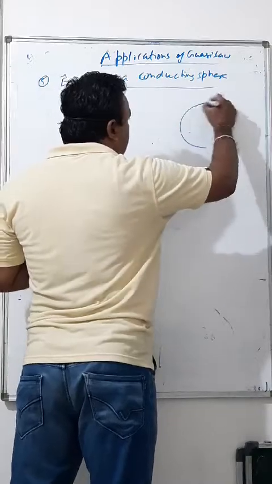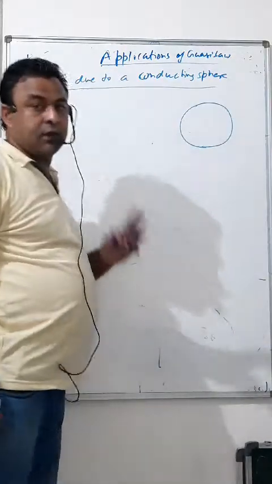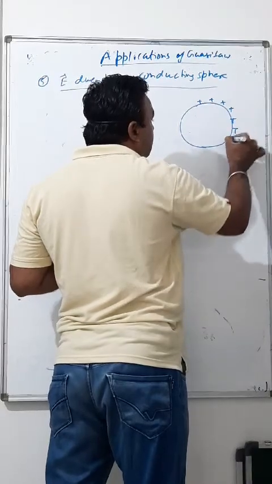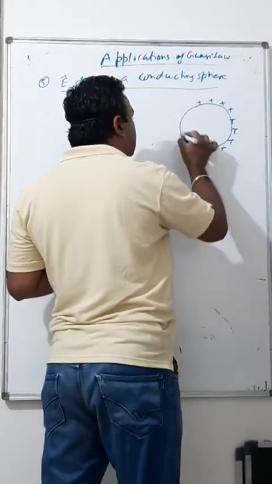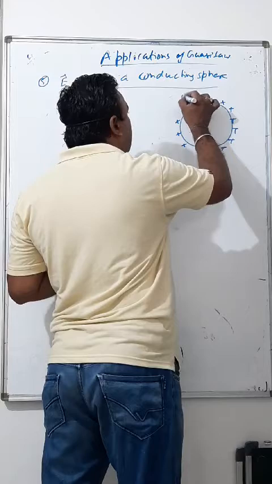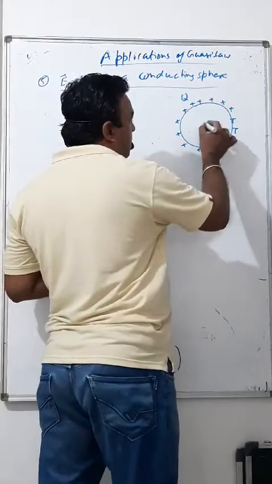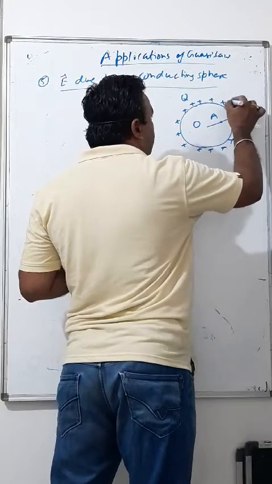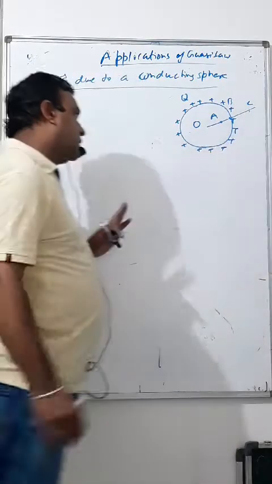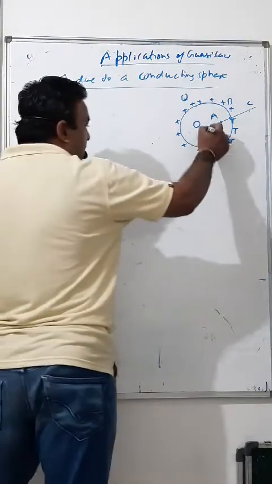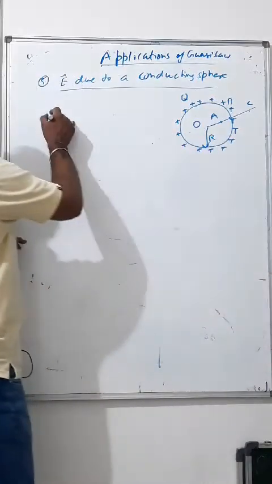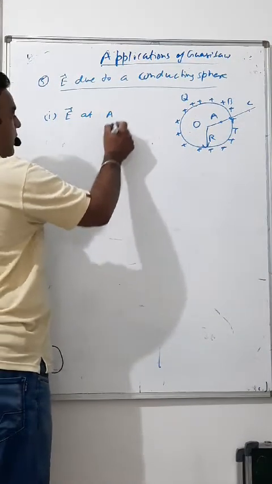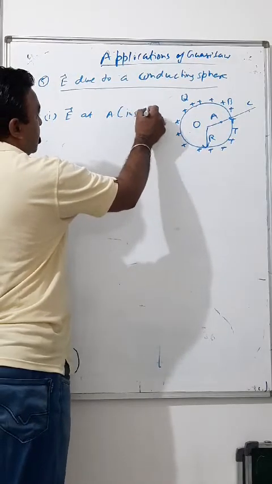Now it is metallic, so the whole charge will come out on the surface. Let the charge be Q. There is point O, there is point A, point B, point C. This is radius R. First, E at A, inside.